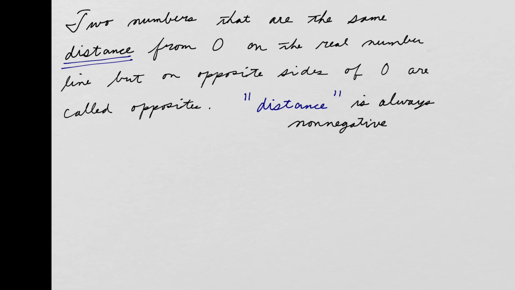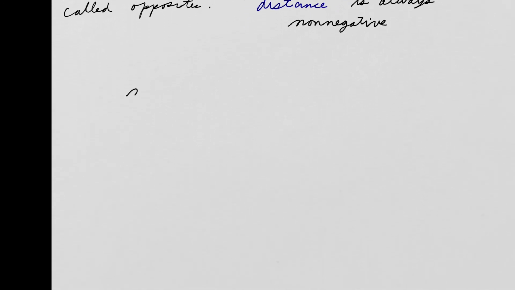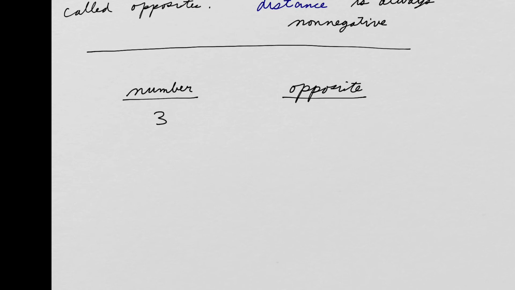Okay, so let's actually write out some numbers and then we'll find their opposites. So I'll make a little table here. Number, and then I want to find the opposite. So let's say the number is 3, right? If I have a real number line, I'll do it right above it. -1, -2, -4, -5.